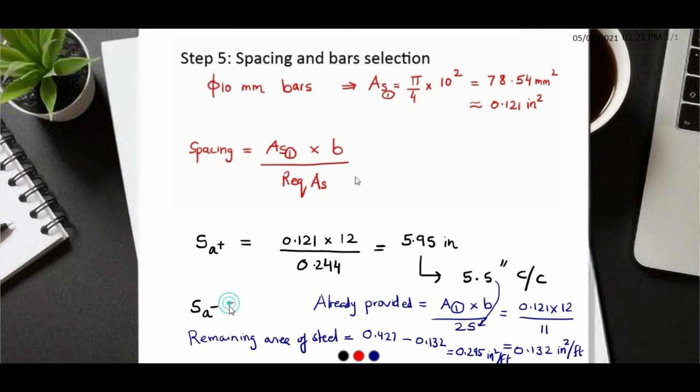So spacing will be 0.121 times 12 divided by the remaining area of steel. This comes out to be 4.92 inches. So let us provide 4.5 inch spacing center to center. This is along the shorter direction.